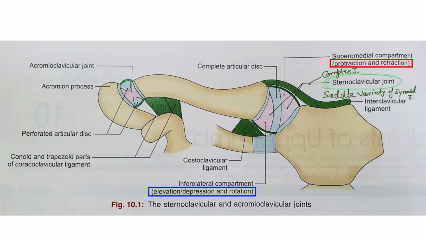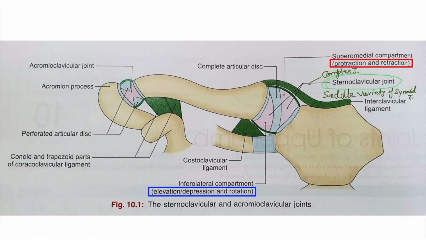Now this rotatory movement of the clavicle also happens in this infralateral compartment. So remember this: supromedial compartment, protraction and retraction; infralateral compartment, elevation, depression and rotation.